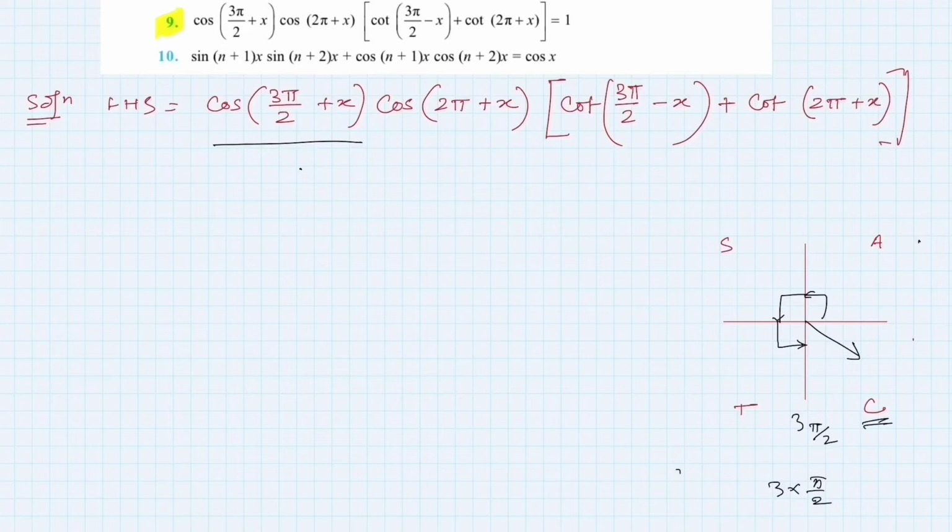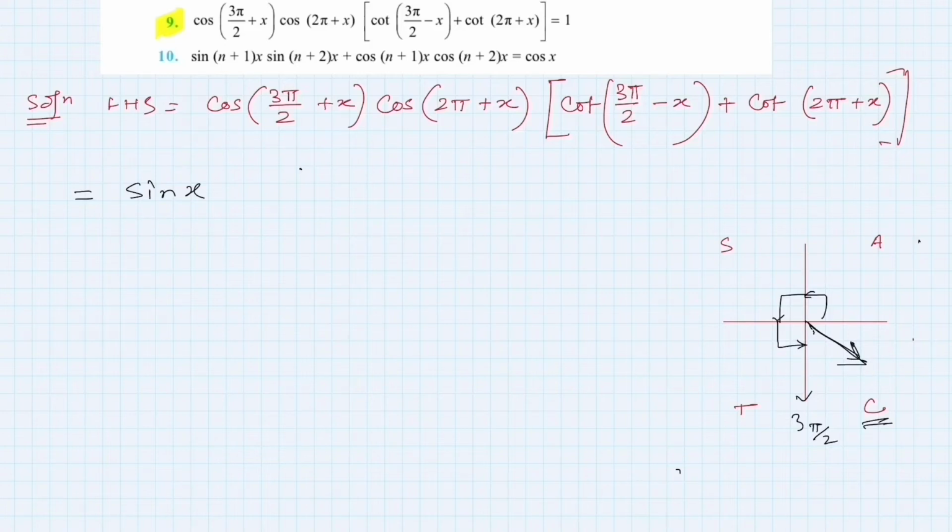Okay, π/2 is 90 and 3 into 90, so odd multiple of 90. So that's why this cos becomes sine. Okay, and in the fourth quadrant as cos is positive, it will be positive sin x. Though here it is sine, initially it was cos, so you cannot put a negative here.